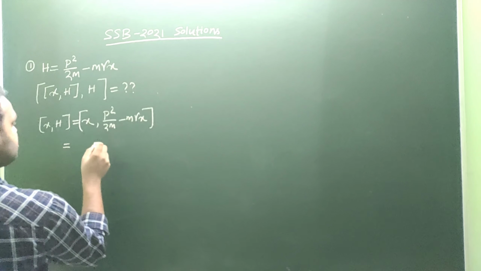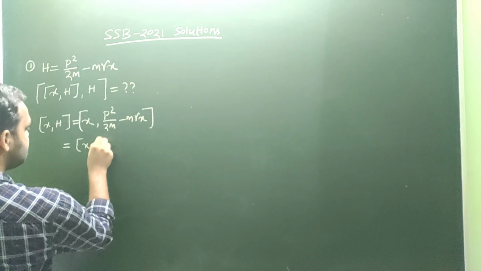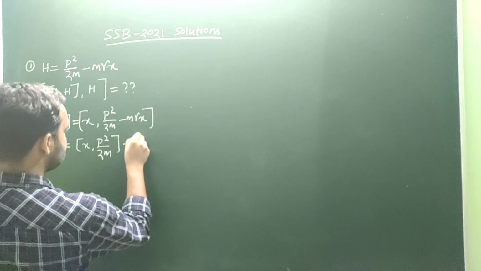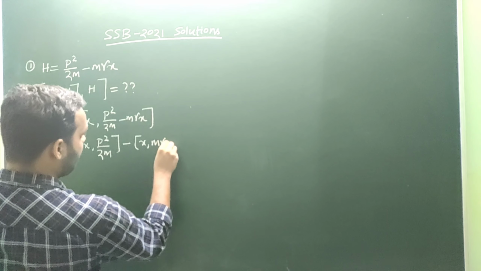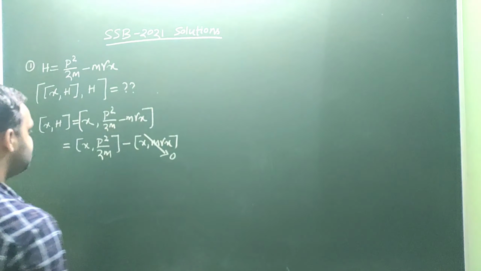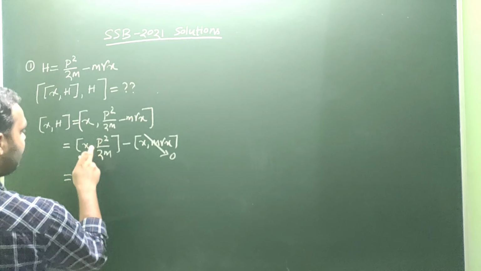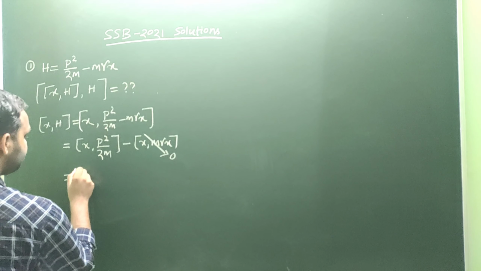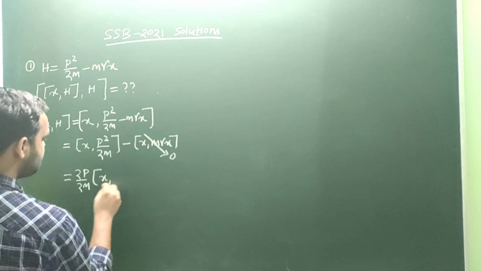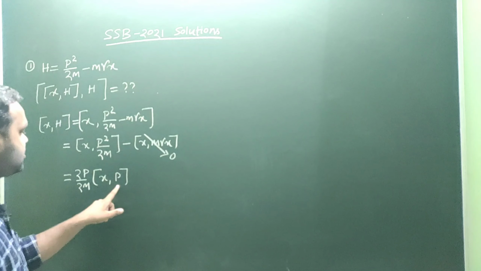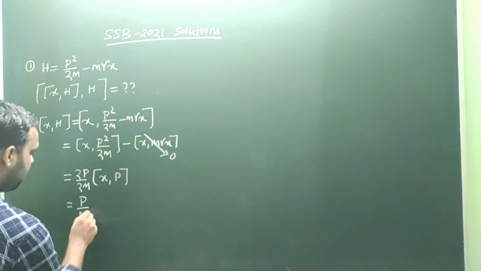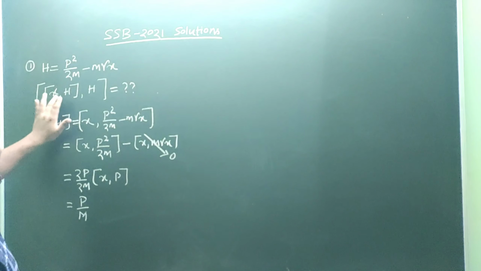So if we open this Poisson bracket, you will get the bracket of x with p square by 2m minus the bracket of x with m omega x, and this will give you 0, and only the first will be non-vanishing. You have to take the derivative of p square, that will be 2p by 2m times the Poisson bracket of x and p, and you know that is 1. So finally you will get the value p by m. This is the value of this Poisson bracket.